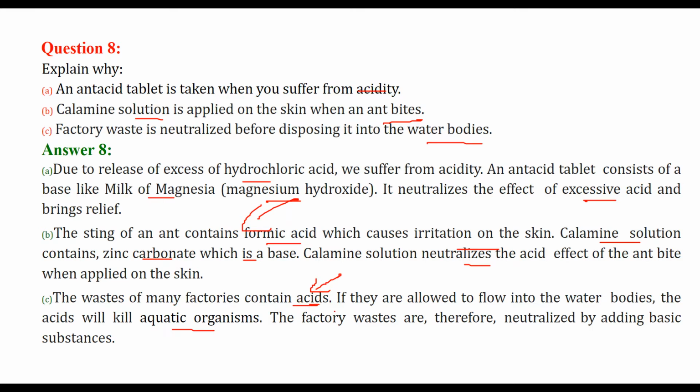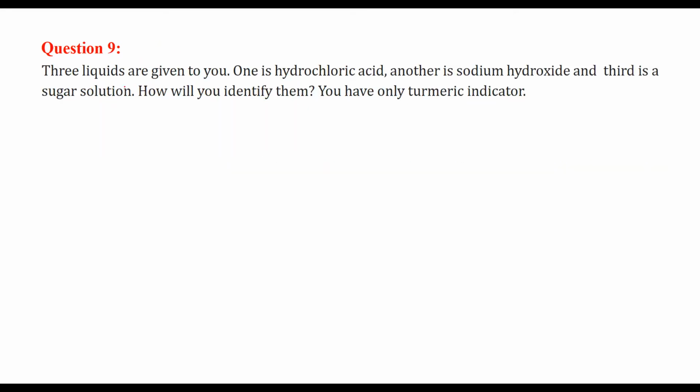It may have a very hostile effect. So the factory waste is first neutralized by adding a basic substance so that it doesn't kill or affect the aquatic flora and fauna.